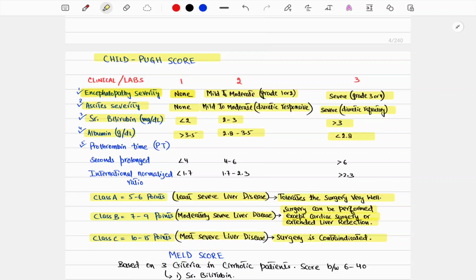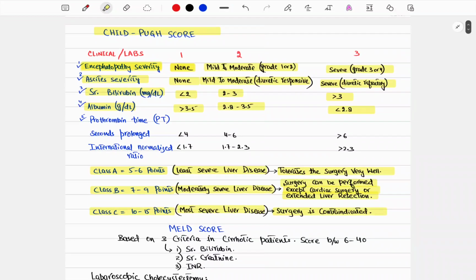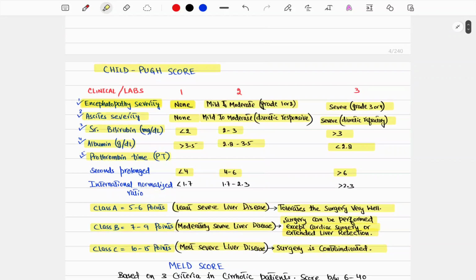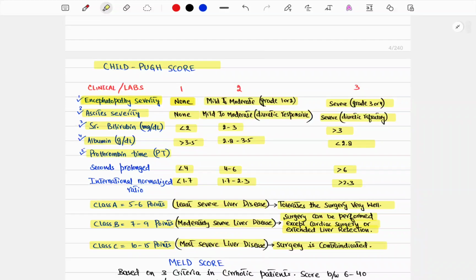If it is less than 2.8 grams, it's given 3. Similarly, there is the prothrombin time, PT, in seconds prolonged: less than 4, 4 to 6, greater than 6. And if we see by INR, it is less than 1.7, 1.7 to 2.3, and greater than 2.3. So we give them the scores.